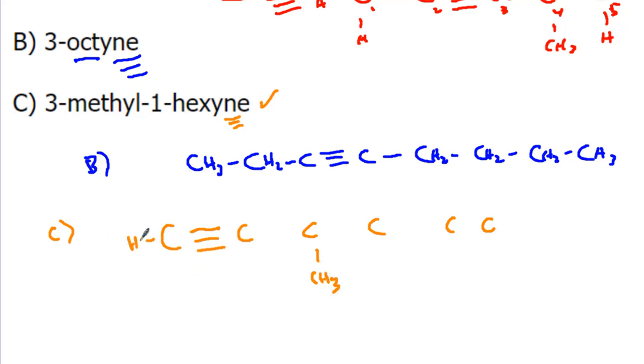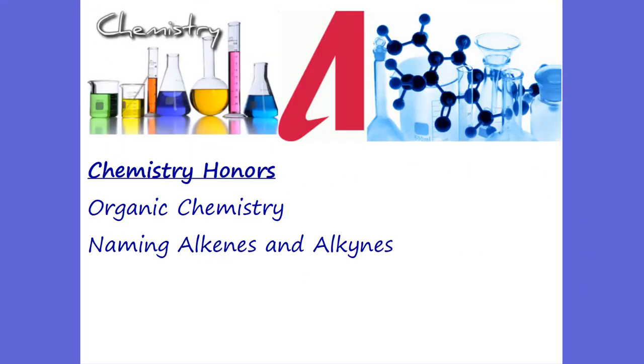You can see how we need a hydrogen there. That second carbon's already filled up with 4 bonds. We need a hydrogen here. We need 2 on this one, 2 on this one, and of course 3 on the end. And that is 3-methyl-1-hexyne. So that was naming alkenes, double bonds, and naming alkynes, triple bonds, and that is organic chemistry.